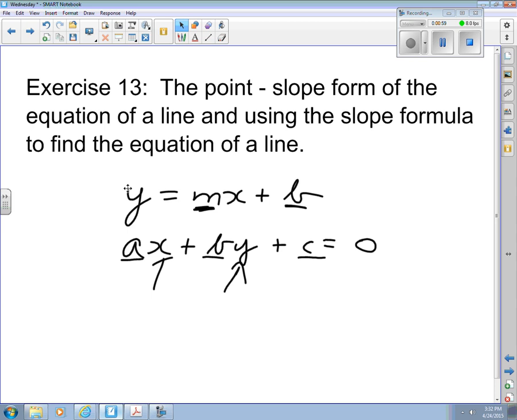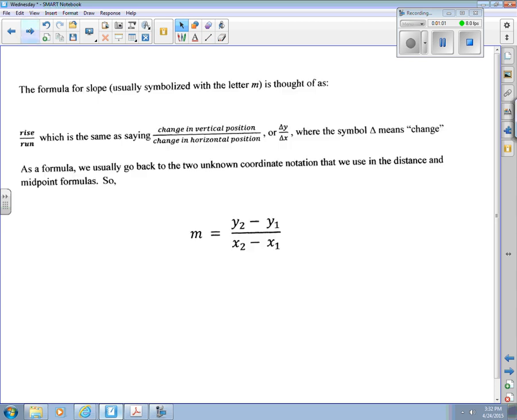Well, the new way that we're going to look at a line comes from the slope formula. If the slope formula is new to you, then you need to look back a video or two. But as a quick refresher, slope is symbolized with the letter m, and it's thought of as the rise over the run, which is the change in the vertical position divided by the change in the horizontal position of any 2 points on a line.